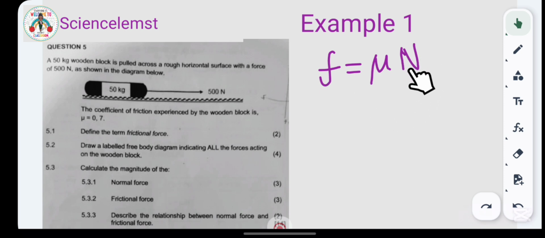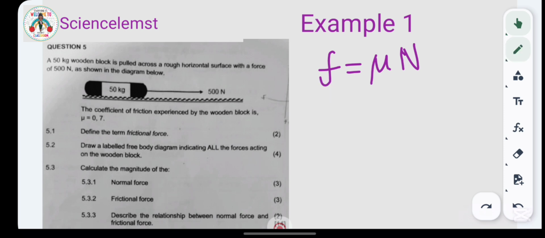If I don't have normal force, then I don't have frictional force. Does it make sense? And also, if the magnitude of the normal force is going to increase, it means that the frictional force is going to do what? It is also going to increase.